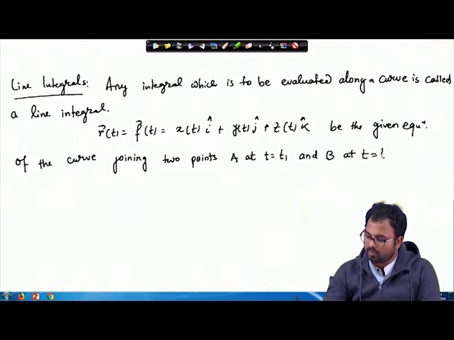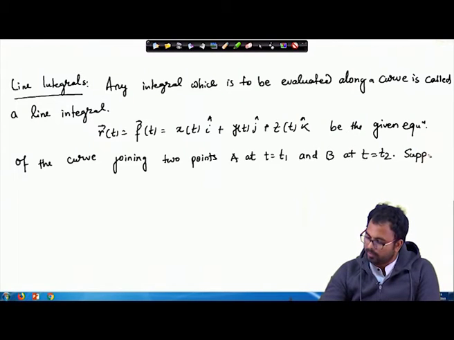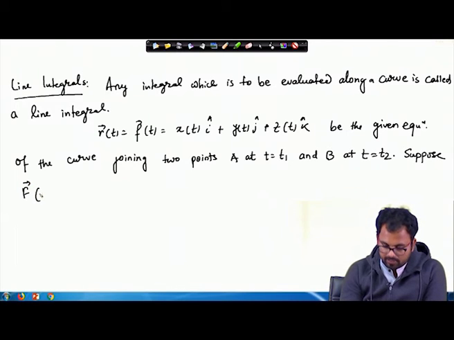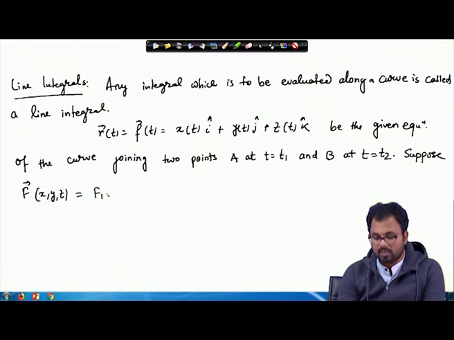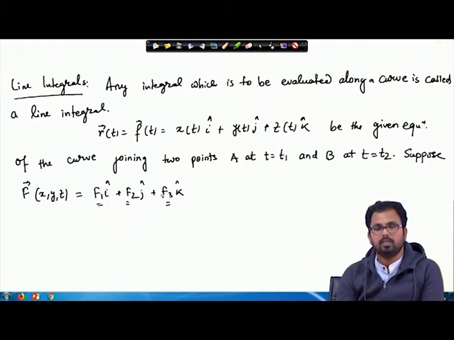Since these are obvious, I am not drawing any figure. Suppose we have a capital F which is a function of x, y, and z, given as F1(x, y, z) i plus F2(x, y, z) j plus F3(x, y, z) k. These are all functions of x, y, and z.